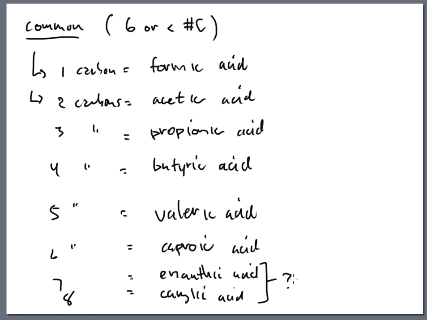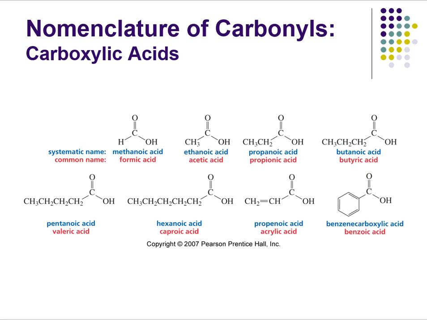All right, so let's kind of put the pieces together. If I put these pieces together and I give you structures, let's take a look at some examples. The first one is a 1-carbon chain. IUPAC is going to call a 1-carbon chain meth, and we add the "an" for methane, drop the E, add oic acid: methanoic acid.